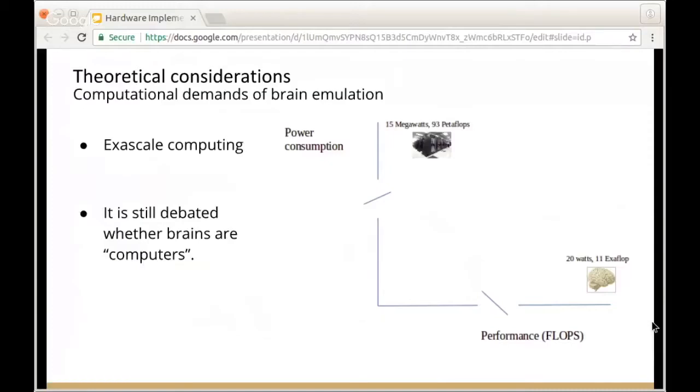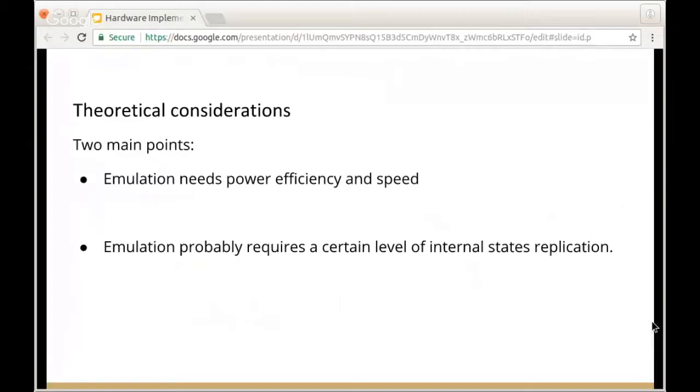Well, I'm talking about this topic having this point in mind that it's still debated whether brains are computers or not. So there were 2 main points that I wanted to talk about in the theoretical section. First, there's a difference between emulation and simulation, and depending on our level of abstraction, we would want to design different hardware.